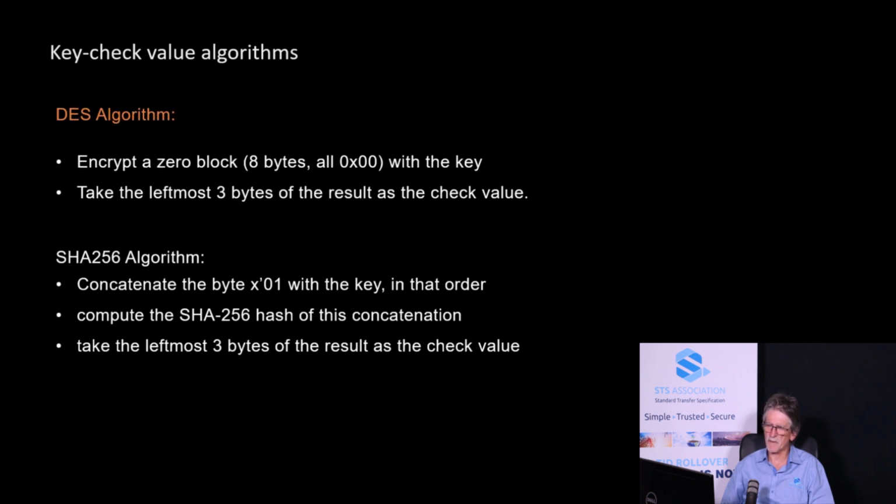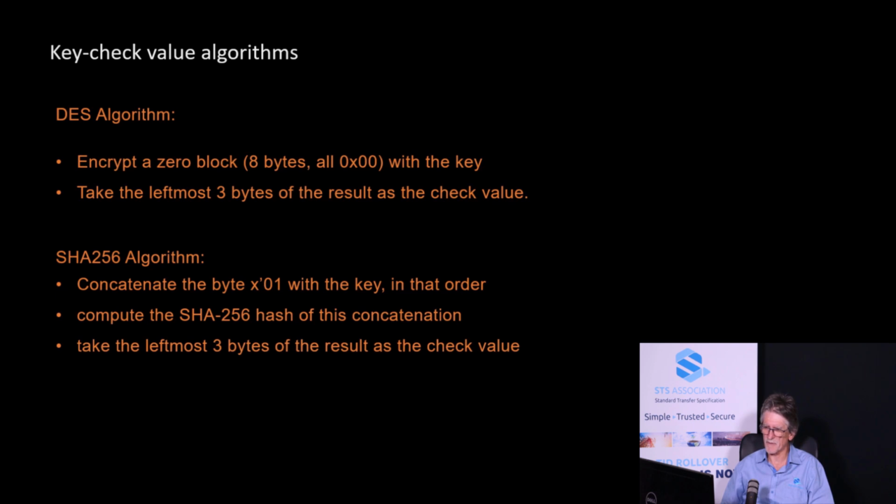Take the leftmost 3 bytes of the result as the check value. That's your KCV value. In the SHA-256 algorithm, you concatenate the byte 01 with the key in that order. So it'll be key and then 01. Compute the SHA-256 hash of this concatenation and take the leftmost 3 bytes of the result as a check value.